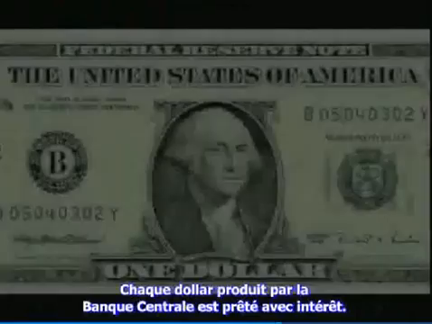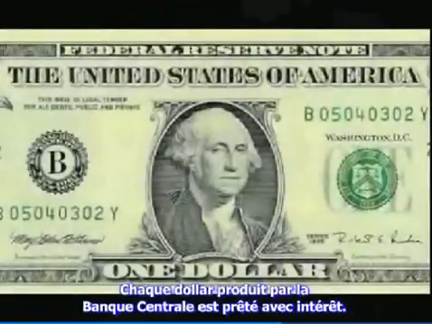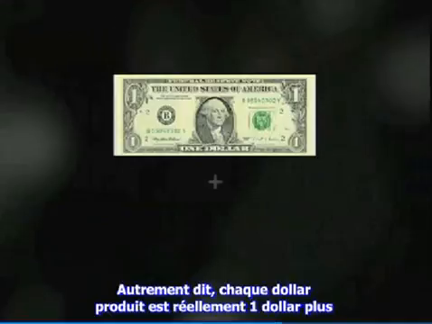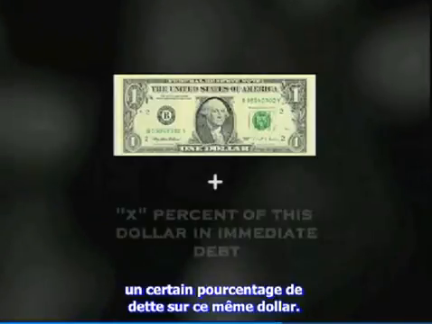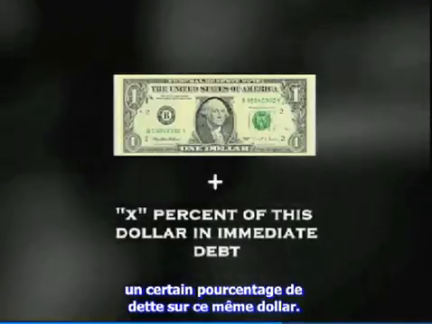It doesn't take a lot of ingenuity to figure this scam out. For every single dollar produced by the central bank is loaned at interest. That means every single dollar produced is actually the dollar plus a certain percent of debt based on that dollar.